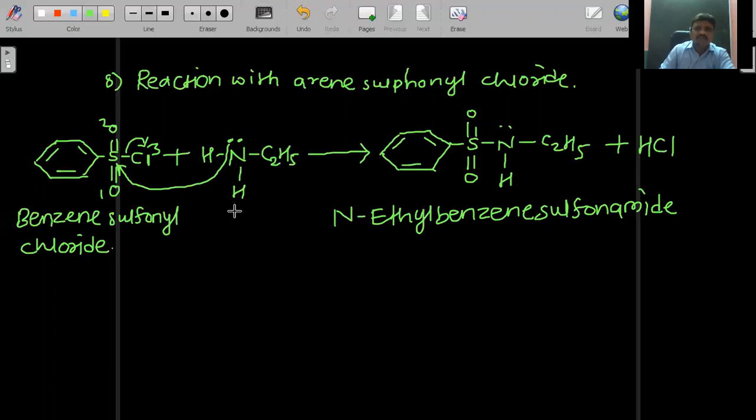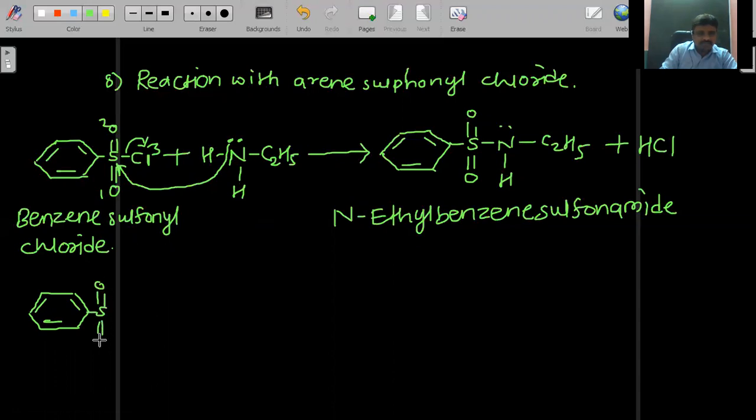So let us take one more example. In that example, benzene sulfonyl chloride remains as it is, but we have to change here primary amine. Instead of taking primary amine, we have to take secondary amine. So this is benzene. Benzene is attached to sulfur.